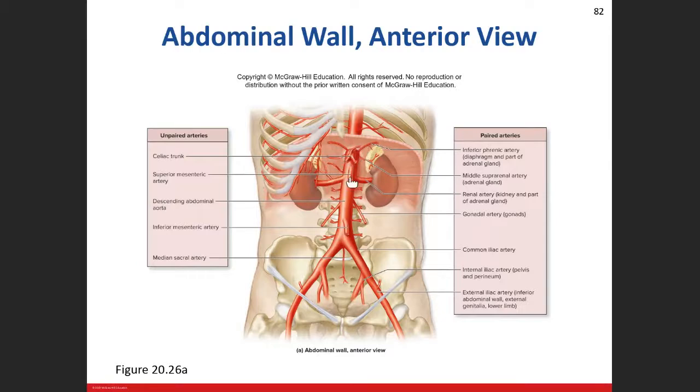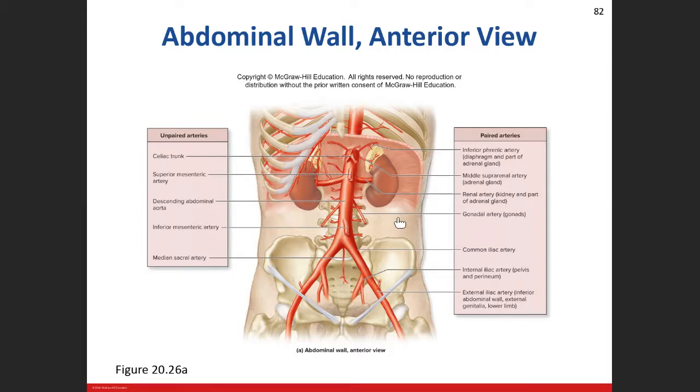Then if we go a little bit more inferior, we get to the superior mesenteric artery. This is going to supply a significant portion of your digestive system. And then we keep going down, then we have our inferior mesenteric artery. And then another unpaired artery is going to be the median sacral artery. And that's at the bifurcation of the left and right common iliacs. So that's going to sit right there on top of the sacrum.